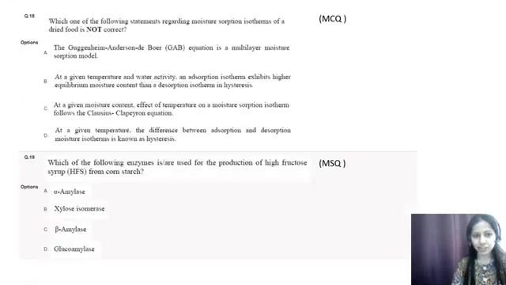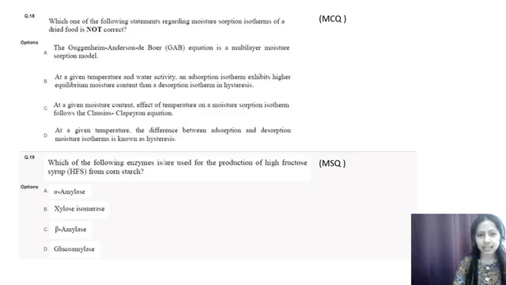Question number 18. Which one of the following statements regarding moisture sorption isotherm of dried food is not correct? The options are: A, the Guggenheim-Anderson-de Boer equation is a multilayer moisture sorption model. Number B, at a given temperature and water activity, an adsorption isotherm exhibits higher equilibrium moisture content than a desorption isotherm in hysteresis. Option number C, the effect of temperature on a moisture sorption isotherm follows the Clausius-Clapeyron equation.